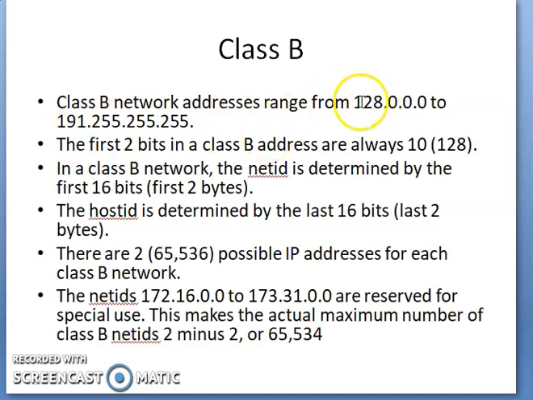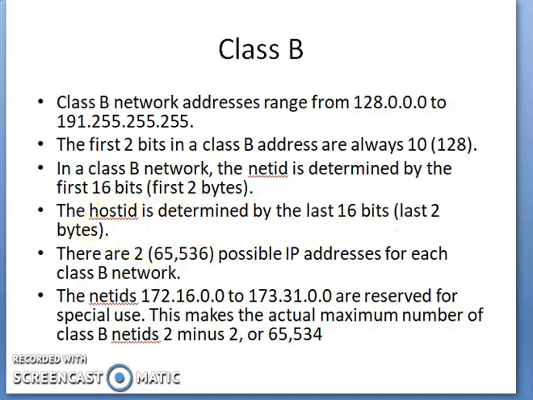In class B, we have addresses from 128 to 191. And how do you identify it? The first 2 bits in class B are 1, 0. The 1 will make sure that the value is larger than 128, and 1, 0 together will identify a class B address. Here the network ID is identified by the first 16 bits, and the last 16 bits determine the host ID.